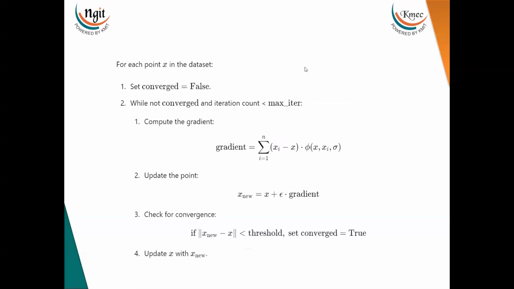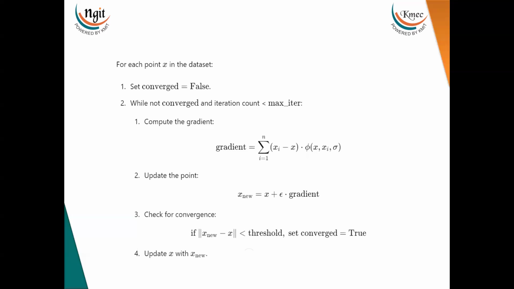To find these points at the local maxima, initially the convergence is set to false. If the points have not converged and the iteration count is less than the given maximum iterations, then we'll compute the gradient. Here the gradient is computed, and a new point is updated. The updated new point is now checked for convergence.